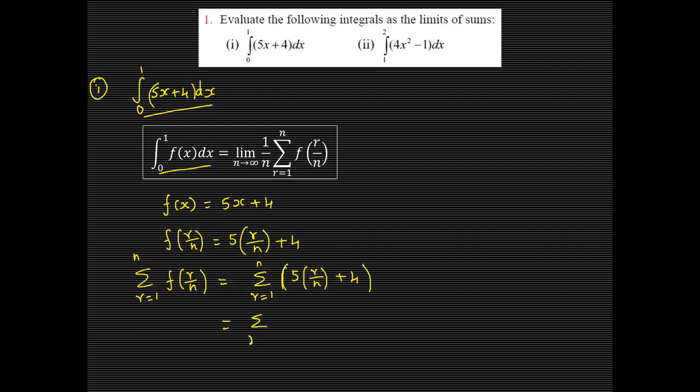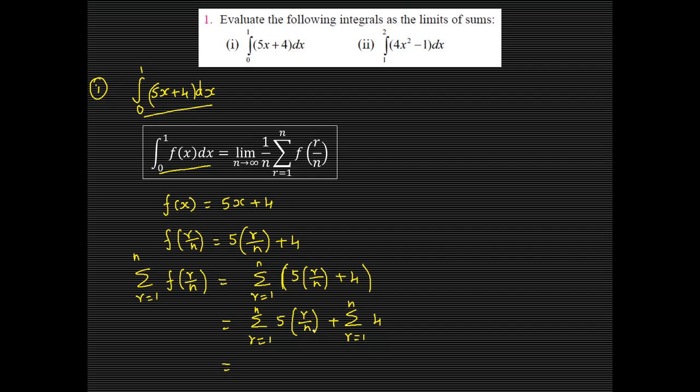So that is summation r is equal to 1 to n 5 into r by n plus summation r is equal to 1 to n 4. Now we can take 5 by n outside, because we'll be using this sum only for r.